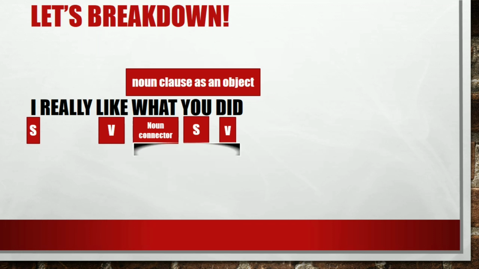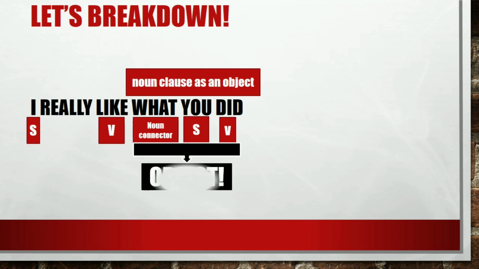So, please do not get confused because of that. For me personally, I will always see and read what you did as one package, as an object, in order not to get confused. So, a noun clause is formed by a noun connector, subject, and verb.